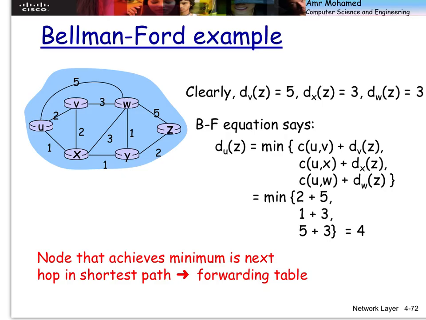So either I reach Z through V. If I reach Z through V, then I need the distance from V to Z, right? And I receive that from V, right? So either I go through V, which means I need the distance from V to Z, or I go through X. I know the cost for this, but I need the distance between X and Z, or I go through W, and I need the distance from W to Z.